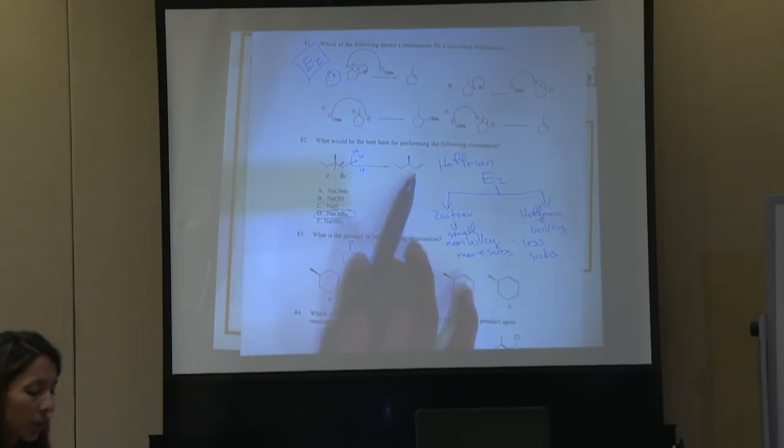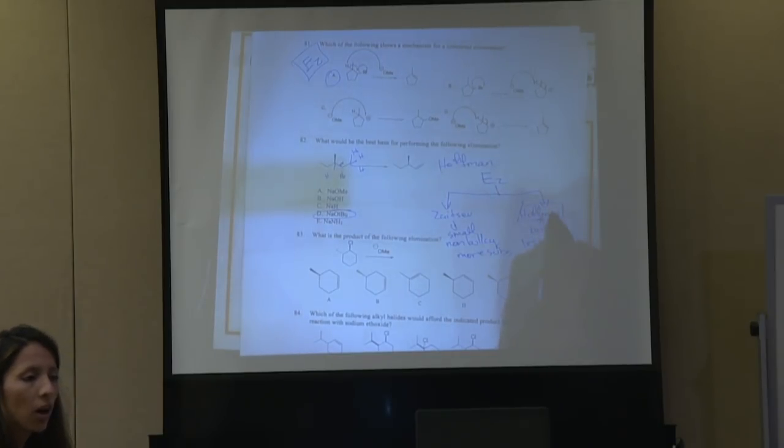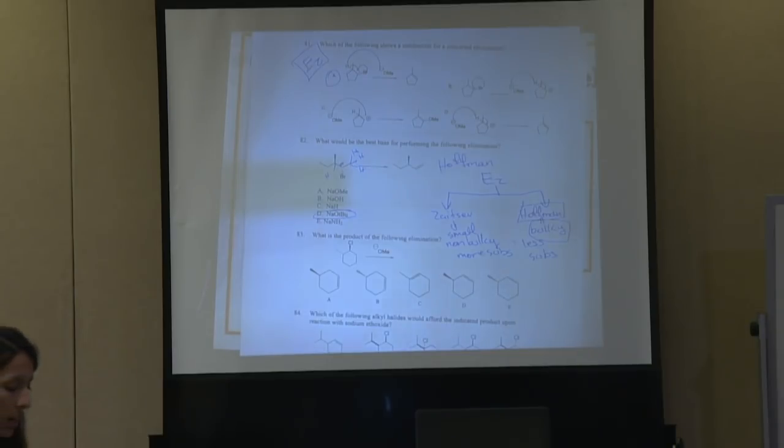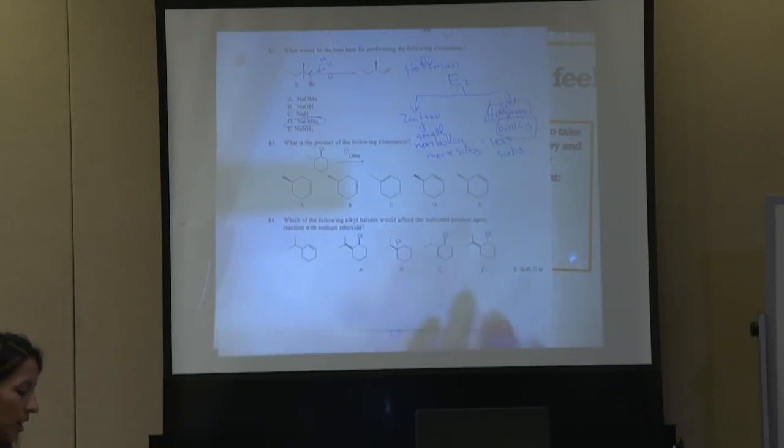On the right, which gave us the least substituted product. So that's the Hoffman, right? If we need the Hoffman product, what kind of base do we need? A bulky base. Out of all of these, which one is the only bulky base? Sodium terbutoxide. Okay, cool. Everybody good with that? All right.